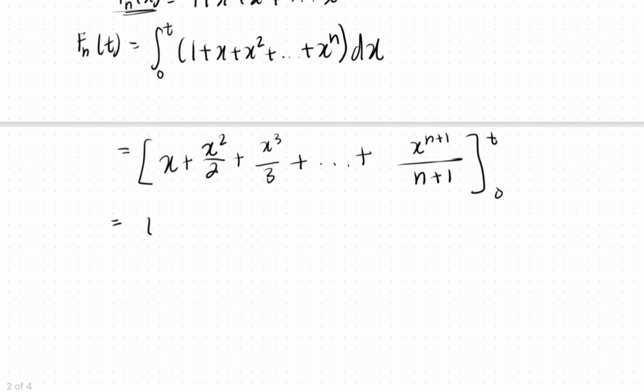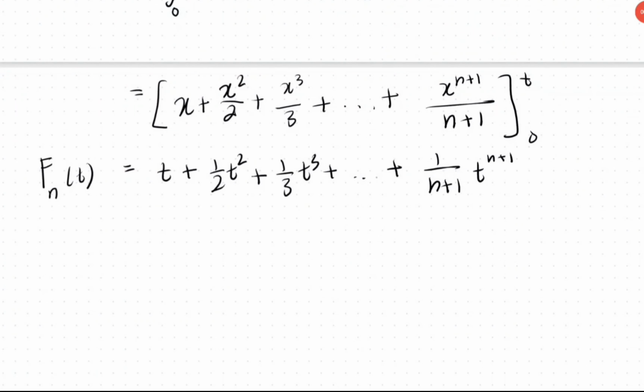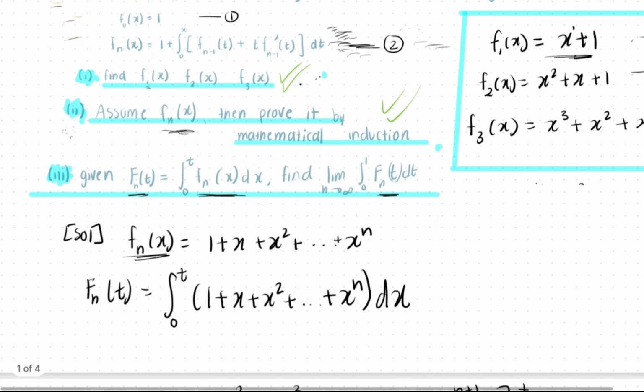Simplifying this, we get t plus 1 over 2 t squared, let's just write it like this, I think it would be easier, plus 1 over 3 t cubed plus dot dot dot plus, replacing t, we get 1 over n plus 1, t to the power n plus 1. So now that we have capital F_n(t), let's start replacing it in the thing that we're actually supposed to find, right? So let me just copy that.